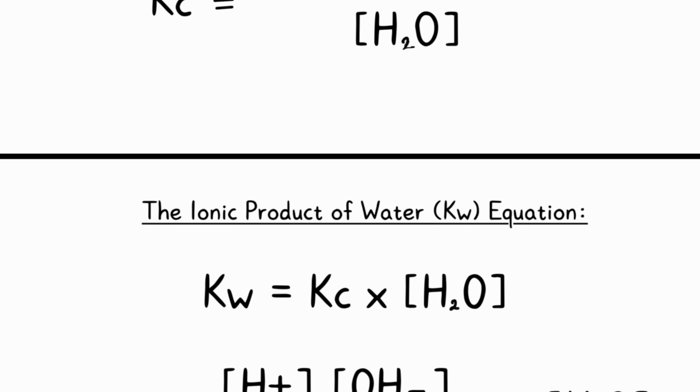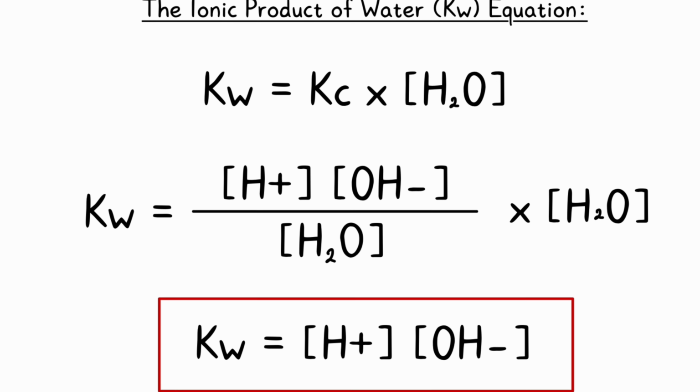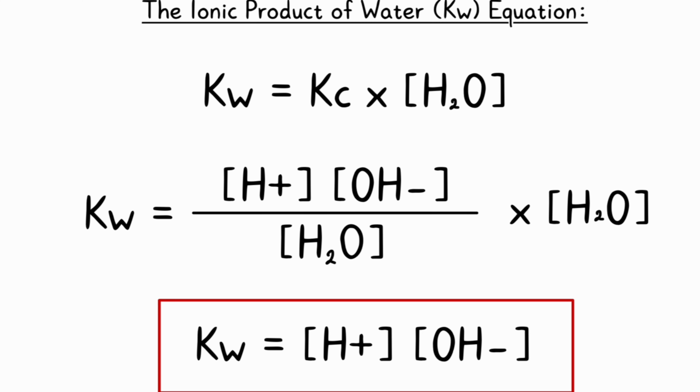We're going to need this because the ionic product of water, Kw, is given by this equation. Kw equals Kc times our concentration of water. Now, inputting our expression for Kc into this function will give us the following expression.